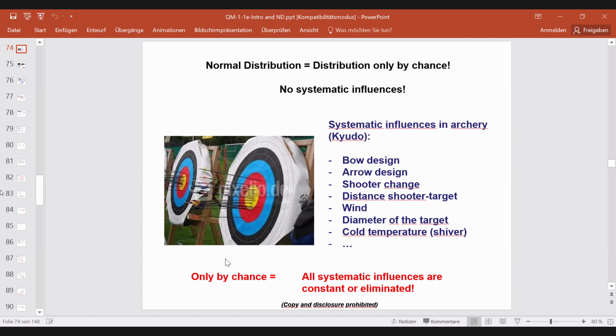Only a variation by chance, only a random variation. In some cases in industry it is not possible to eliminate all systematic factors, but you have to work on this and try to minimize these systematic influences.